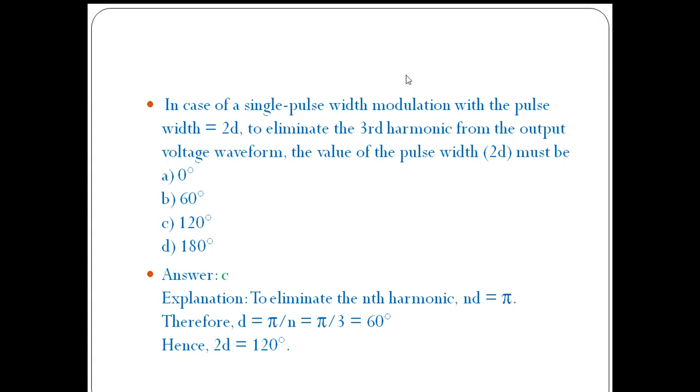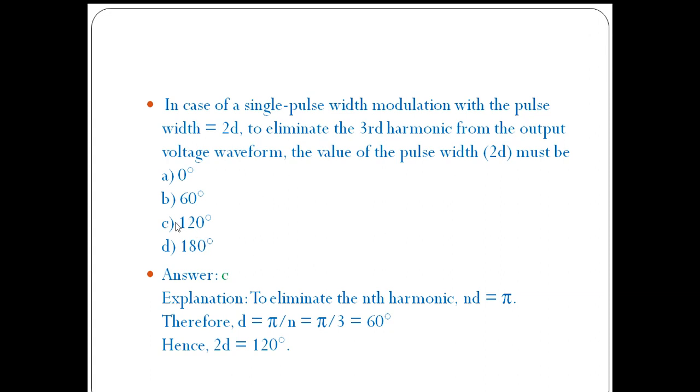To remove the third harmonic, 3D will be equal to 180, then D is equal to 180 by 3, that is 60 degrees. Then the width of the pulse will be 2D, 2 into 60, 120. Option C is the answer.